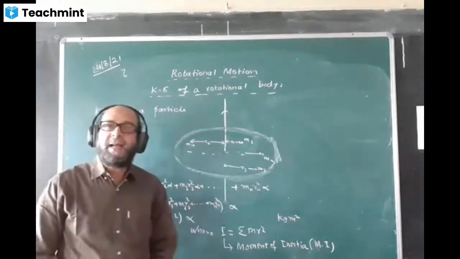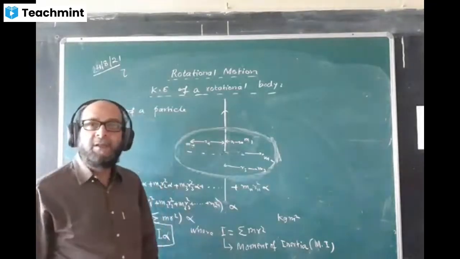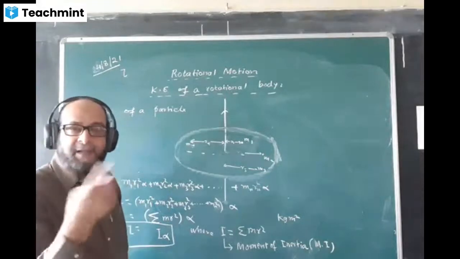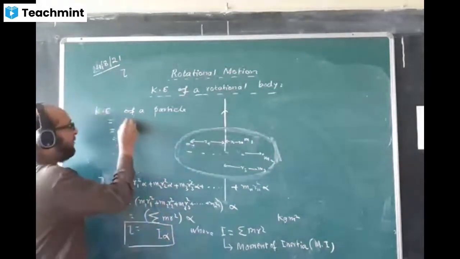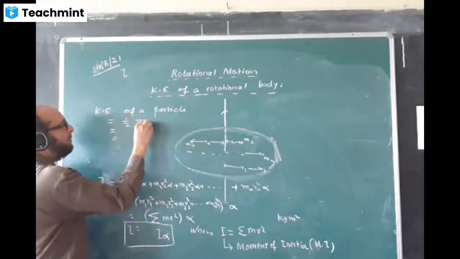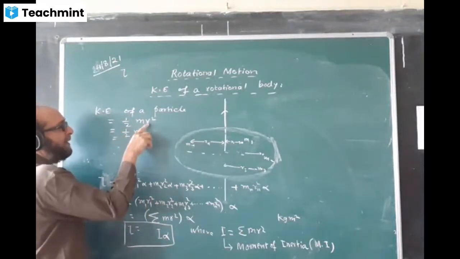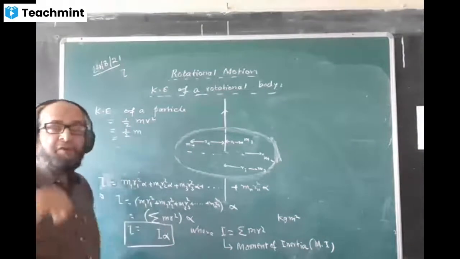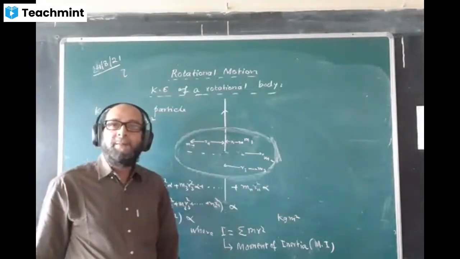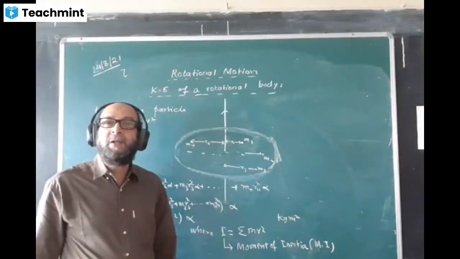What is the normal formula of kinetic energy? Half mv square. Write half as it is, m as it is, and V I express in terms of omega.